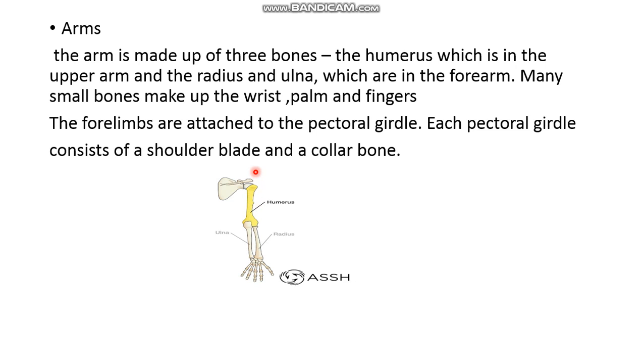The forearm is the second part, with the radius and ulna. The hand and the wrist are made up of small bones. The arm is attached to the pectoral. Each pectoral consists of a shoulder blade and a collar bone. So this is our hand.